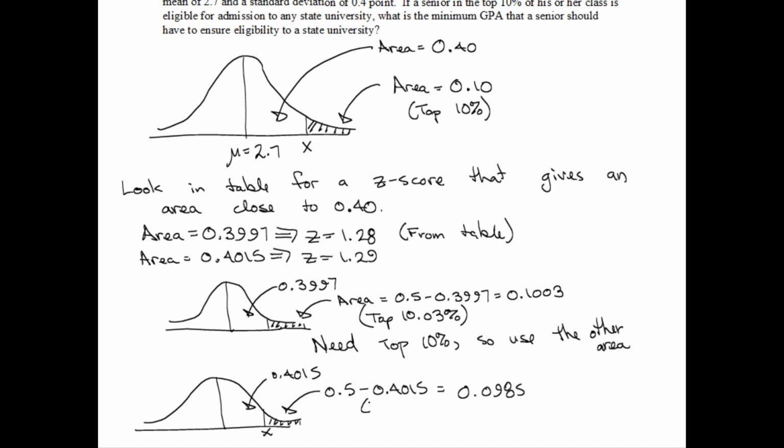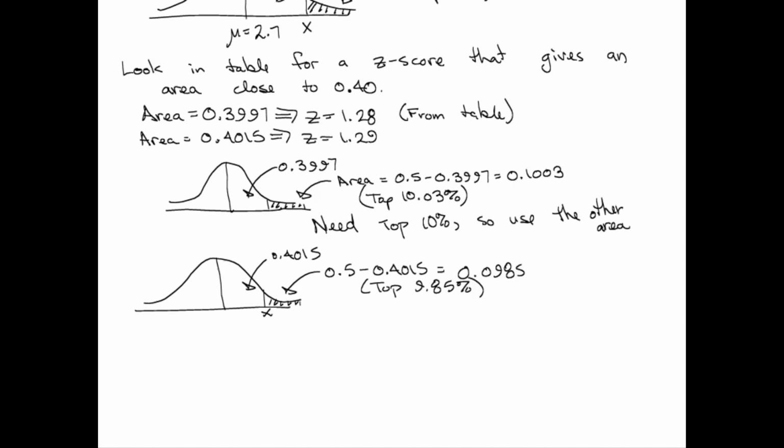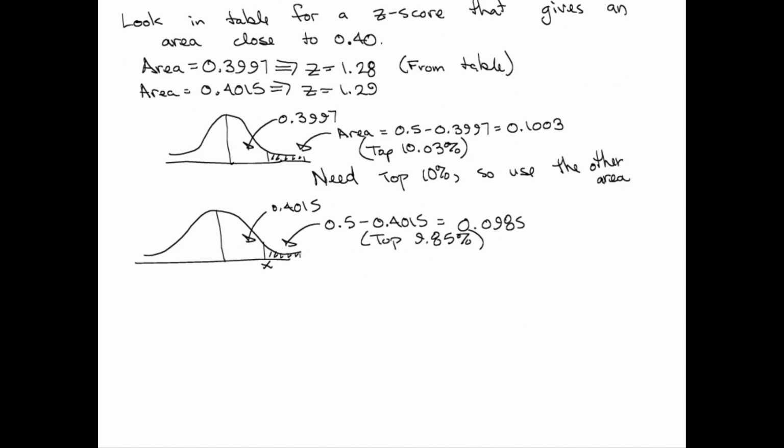In other words, this would be the top 9.85%, which would certainly guarantee us being in the top 10%. So that's the one that we're going to use. But like I said, the first one will get you close enough that it would probably be close enough for most practical purposes. But we're going to use the second one. So we're going to use the z of 1.29.